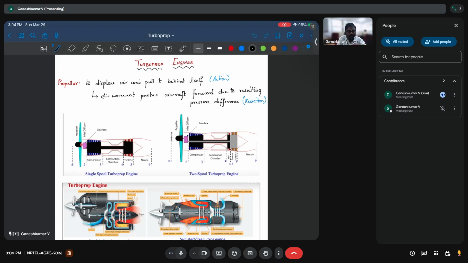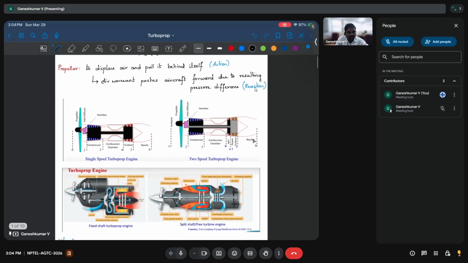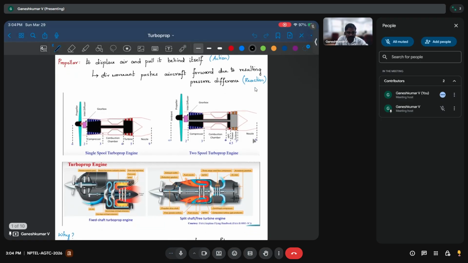The power turbine directly rotates the propeller. The thrust you get through the propeller is very large, and the main goal here is to extract as much energy as possible in the power turbine stage and provide it to the propeller. The remaining goes out of the nozzle.